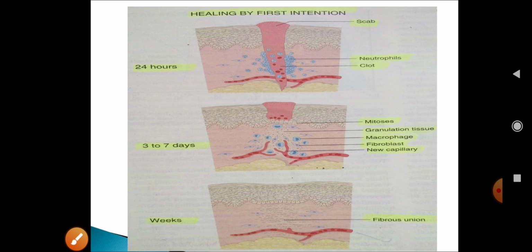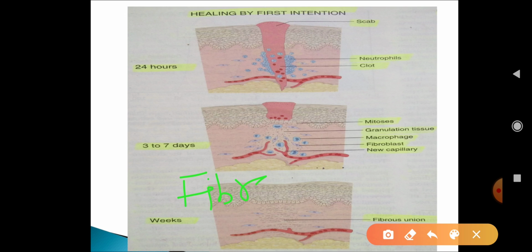Clear? So after 3 to 7 days there will be more fibrosis. That is because of platelet derived growth factor, fibroblast growth factor, and transforming growth factor beta. Plus, because of vascular endothelial growth factor, there will be new blood vessel formation, right?